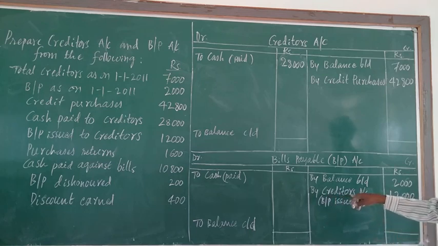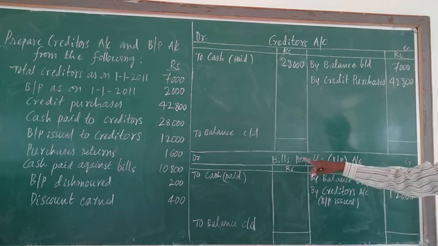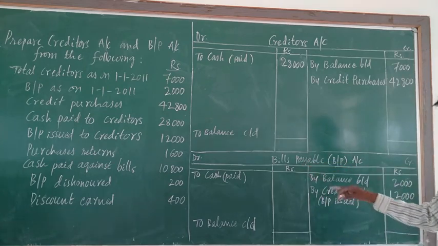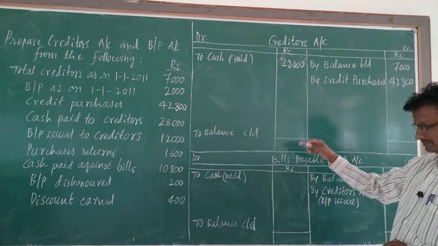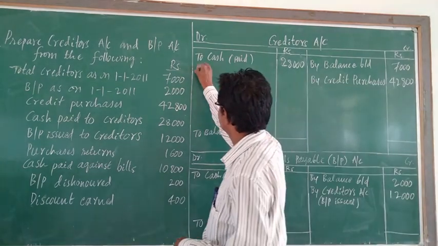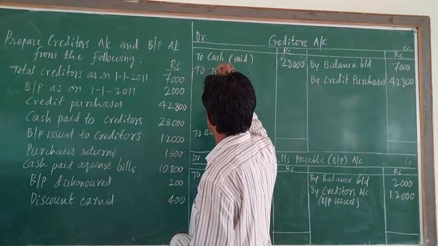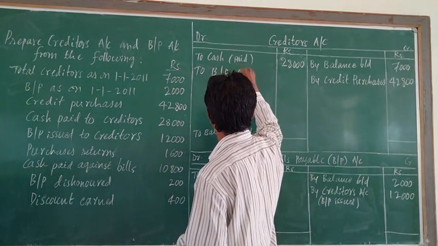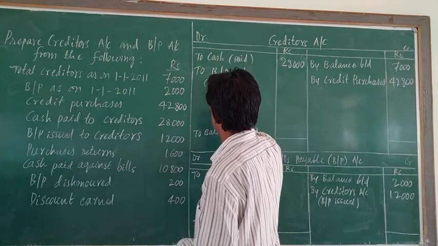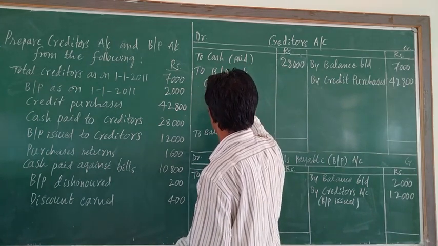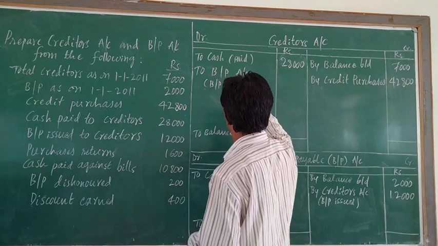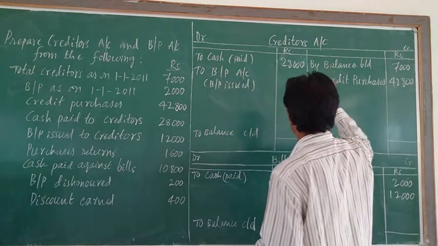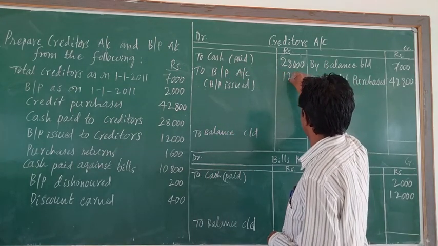In creditors account we have to write as to bills payable account, bills payable issued. Here it is 12,000 rupees.